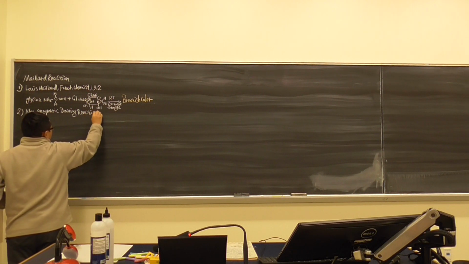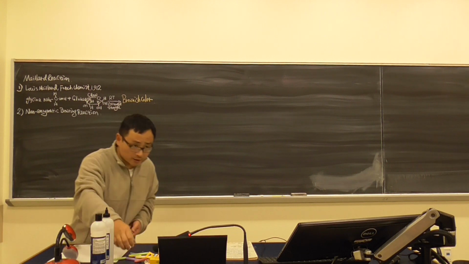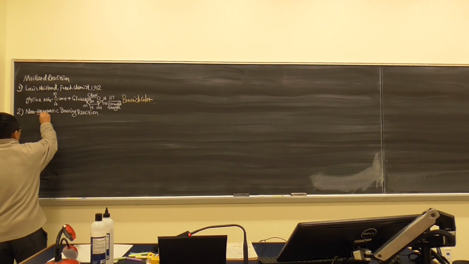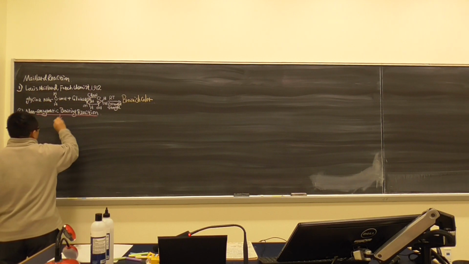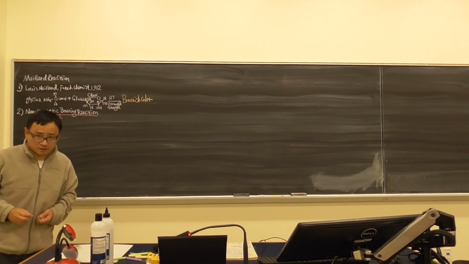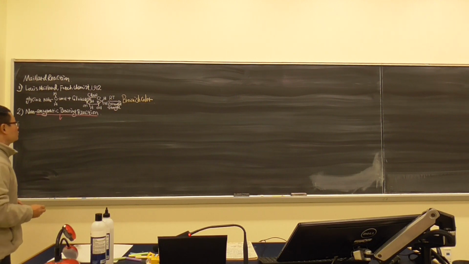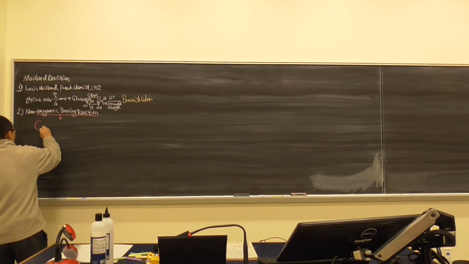So we need to introduce very briefly what is called enzymatic browning. That's something you need to know first. Let's not talk about non-enzymatic yet. What is enzymatic browning? We have this happen very often in our lifetime, but you may not recognize it. Let's say I have an apple.